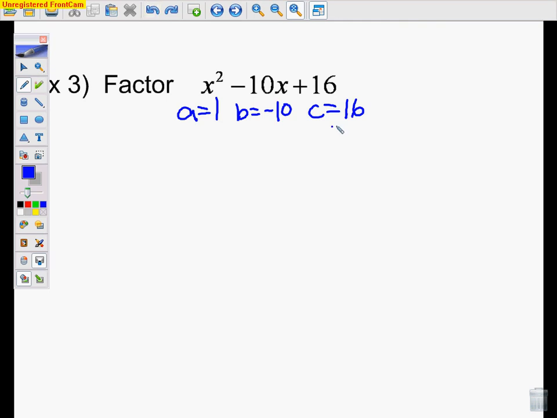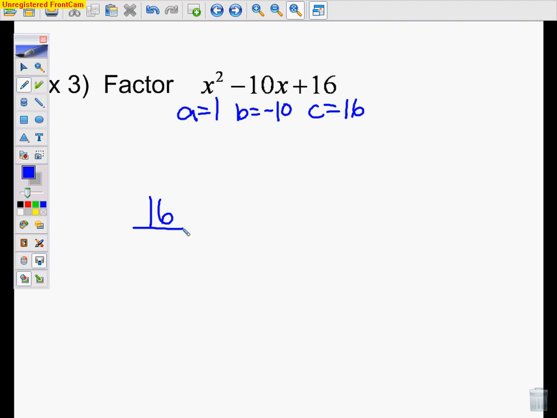Remember, when you multiply something together and get a positive, the two numbers you multiply either have to both be positive or both be negative. So we know that these, because they have to add to a negative, have to both be negative. So let's list the things that multiply to get 16.